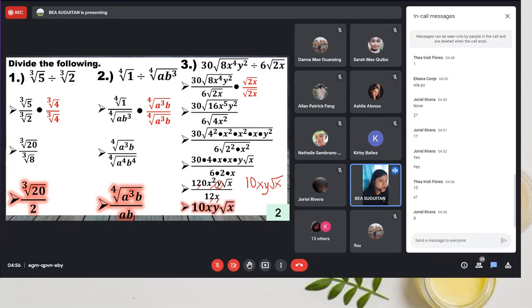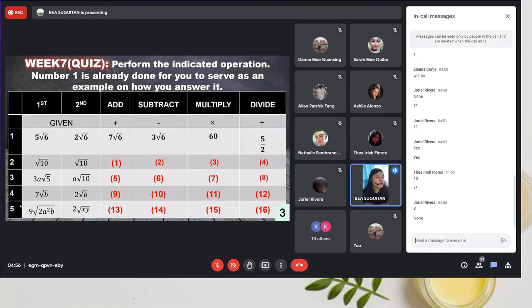Do you have questions? None po. Okay. So, this is going to be your quiz under this topic. Okay. So, for quiz 7A, this is the first part. Pagsasama-samahin natin yung mga natutunan natin sa addition, subtraction, multiplication, and division of radical expressions.